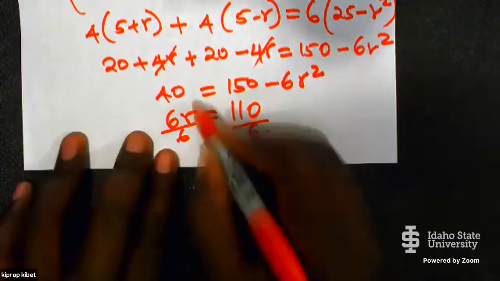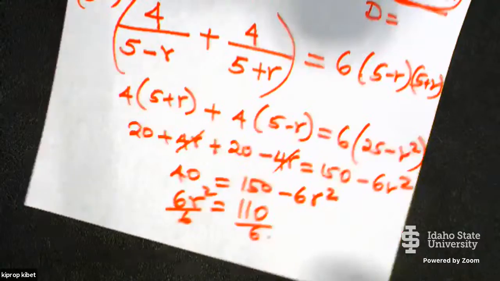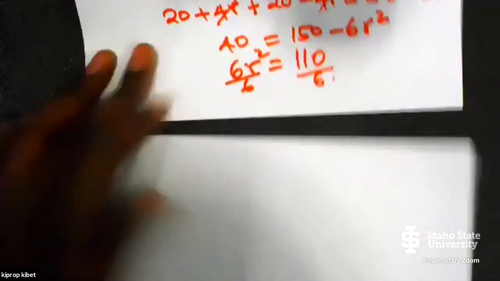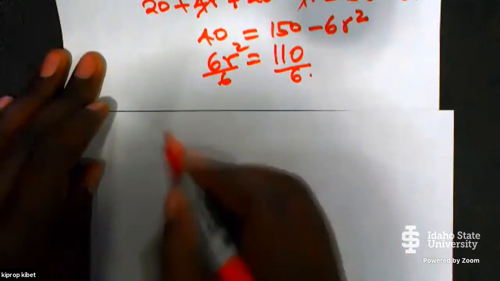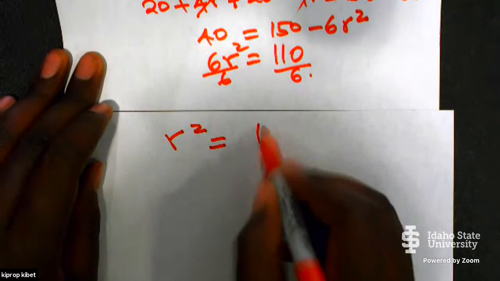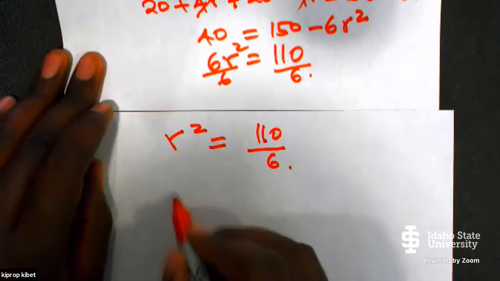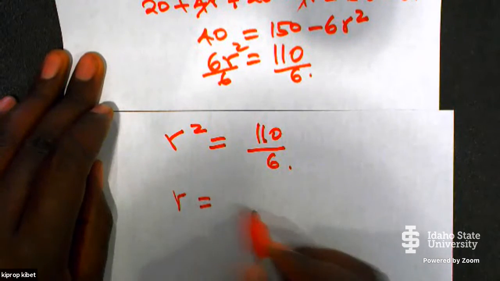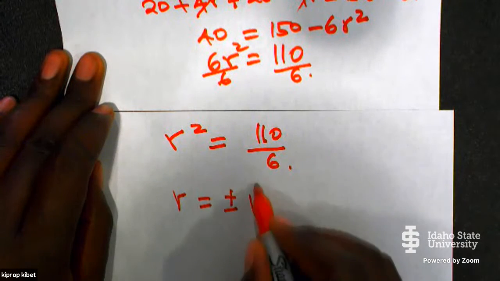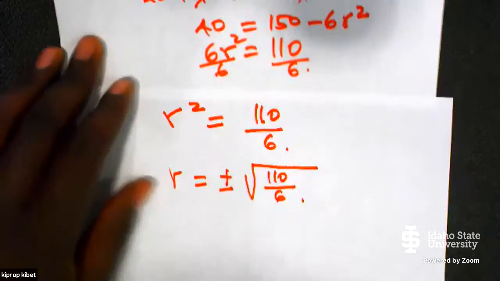So this is R squared. R squared equals 110 over 6. So R is now equal to plus or minus the square root of 110 over 6.